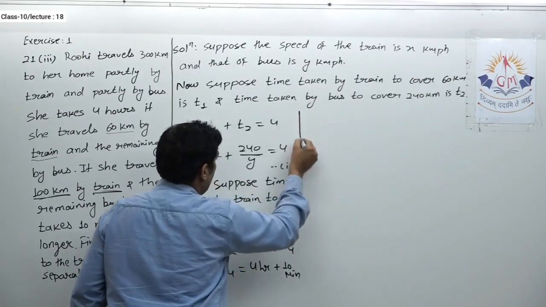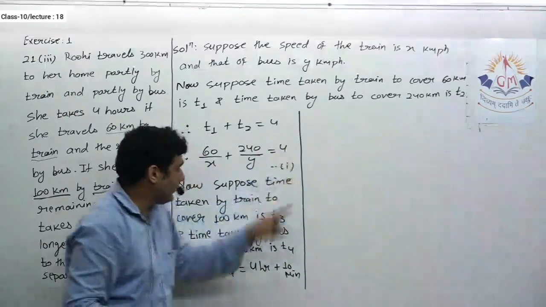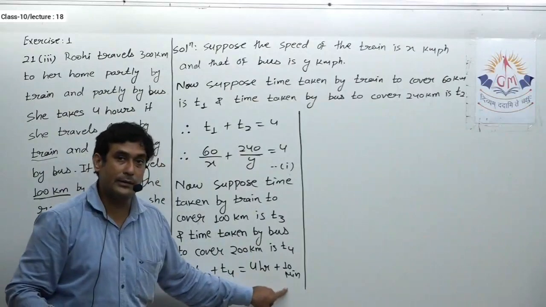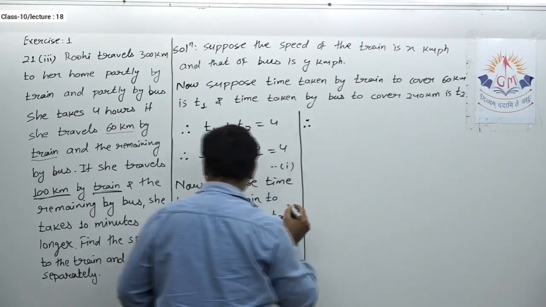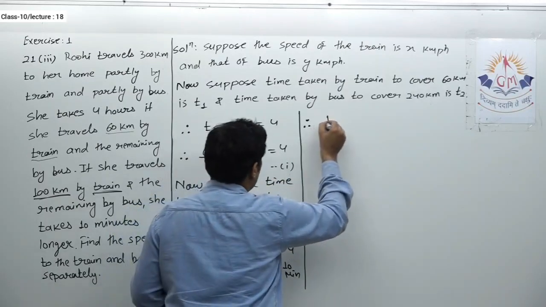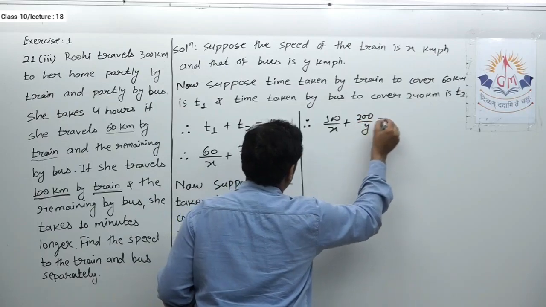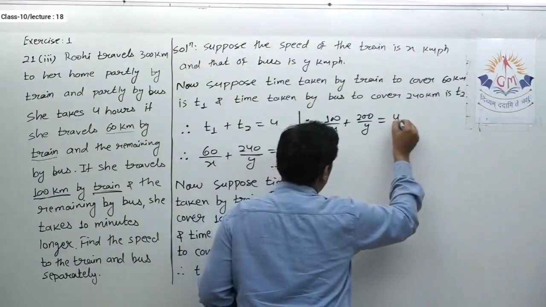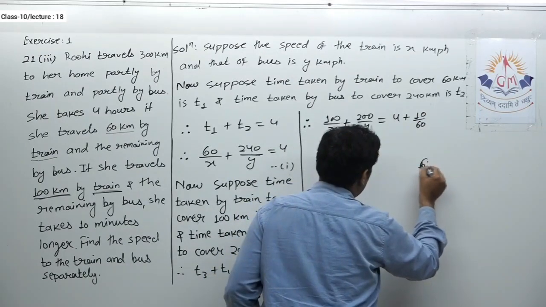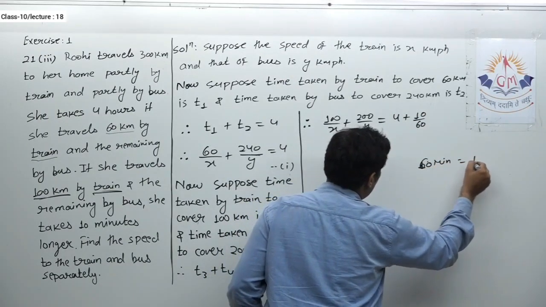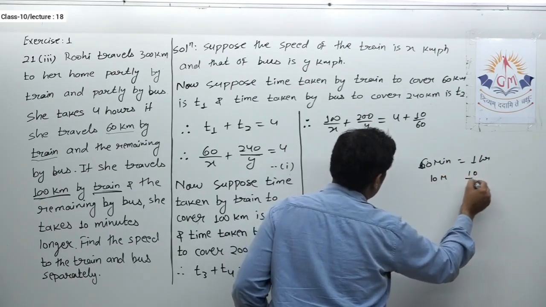Now as we assumed speed in kilometers per hour, and time is in hours, we have to convert these 10 minutes into hours. So instead of T3 and T4 I write 100 upon x plus 200 upon y is equal to 4 plus 10 upon 60. 60 minutes is equal to 1 hour, so 10 minutes is equal to 10 upon 60 hours.